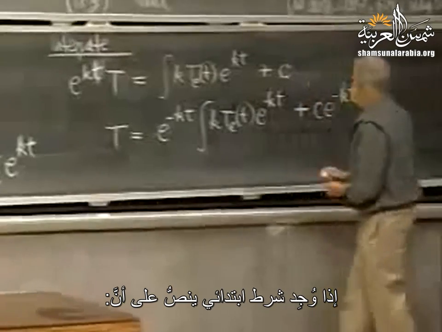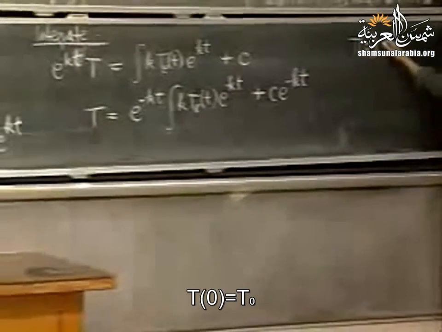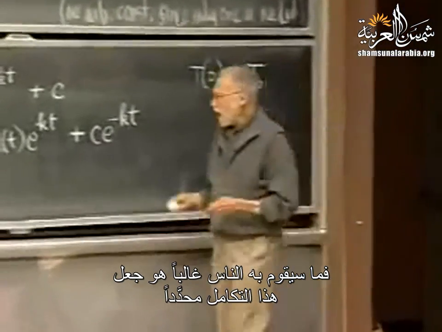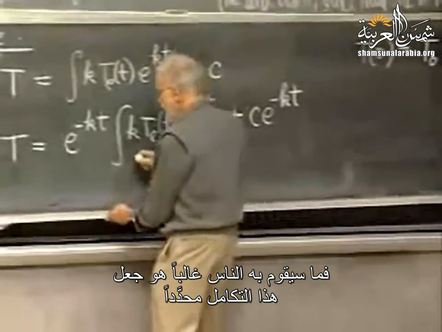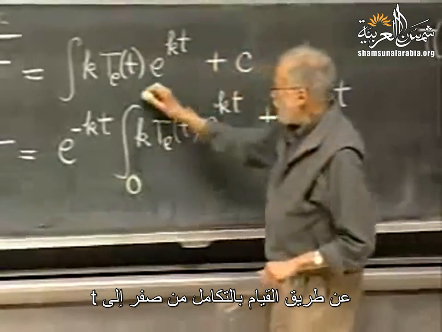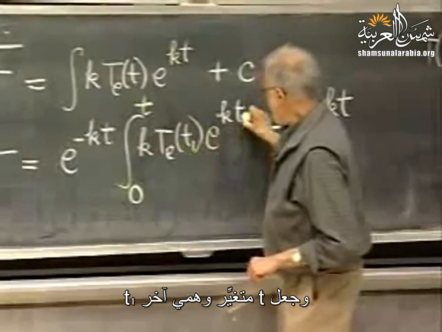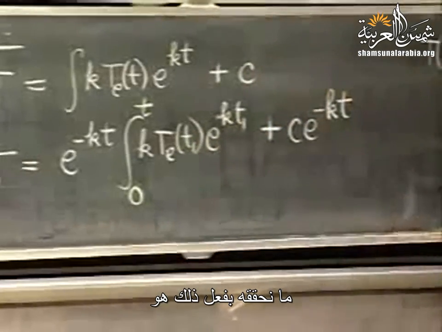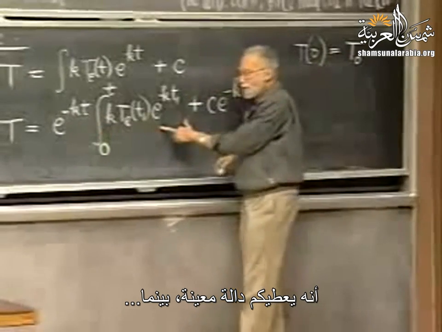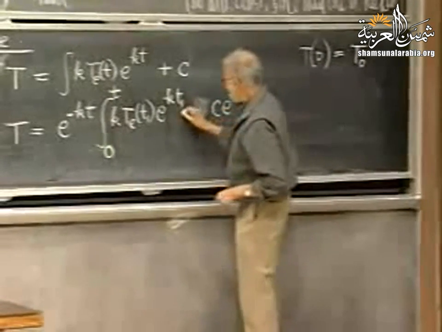If there's an initial condition saying that the internal temperature at time 0 is some given value, what they like to do is make this thing definite by integrating from 0 to t, and making this a dummy variable. You see, what that does is it gives you a particular function.